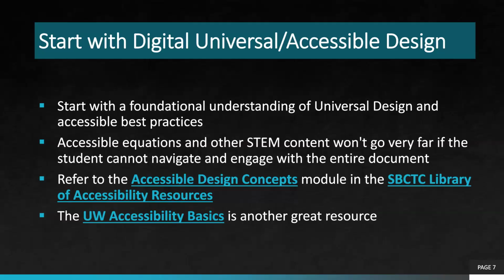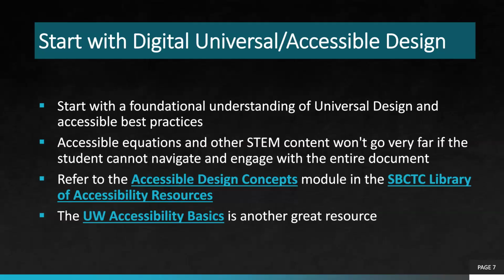So if what I'm saying doesn't feel like review for you and you're like, huh, what is Monica talking about in terms of digital universal design or accessibility best practices for design, then I refer you to these two resources. Hyperlinked on this screen, we have the SBCTC Library of Accessibility Resources, and there's a specific module titled Accessible Design Concepts, and it's going to go over those core things we want you all to be aware of and thinking about.